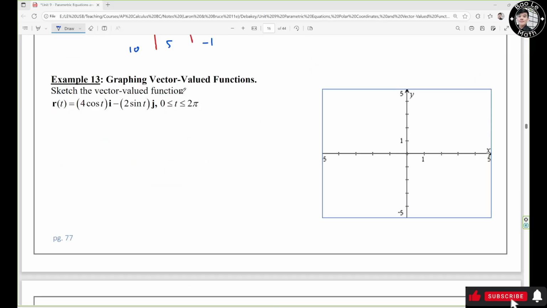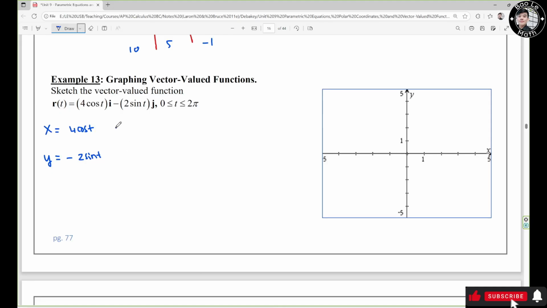Now let's move on to example number 13. r of t equals 4 cosine t i minus 2 sine t j for t between 0 and 2 pi inclusive. So we know that s equals 4 cosine t, which is the i component, and y equals negative 2 sine t, which is the j component.